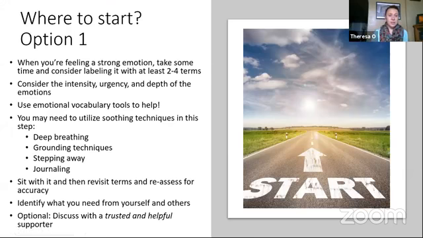So there's a couple of different ways to get this started. The first one could be in the present moment. For example, if you're going throughout your day, your week, whatever your situation is, and you start to notice that some strong emotional response is happening.